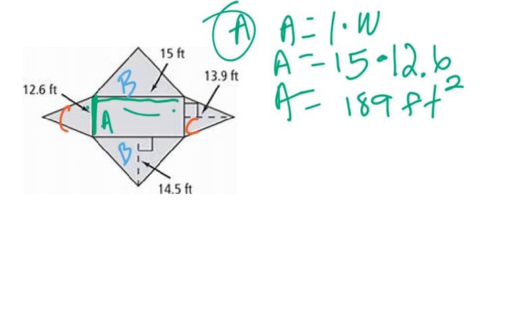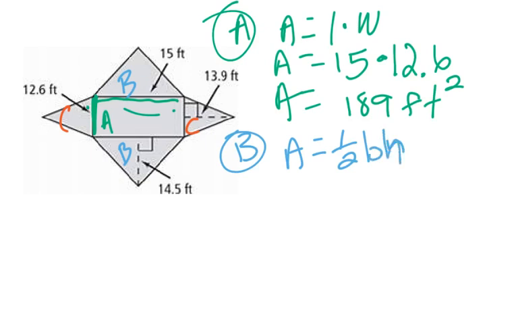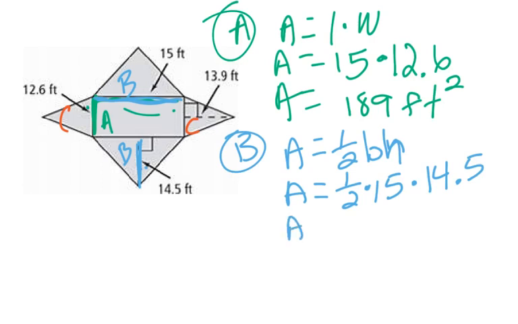Okay, now we're going to go to B. My area of a triangle is 1/2 BH. My base is this edge, which was the same as my length for my rectangle. So 1/2 times 15 times the height shown on this triangle, 14.5.